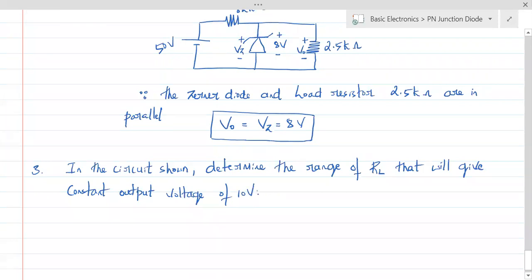So they are just saying constant output voltage of 10 volts, and we have to find out the range of RL which would give you 10 volts.